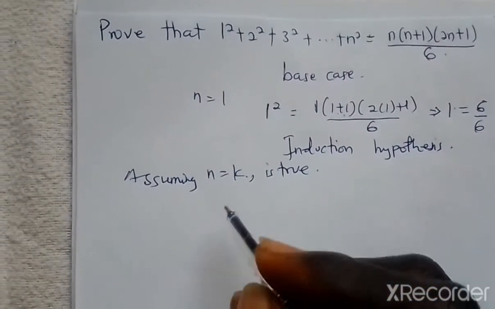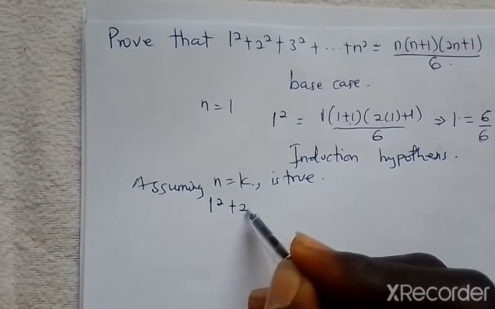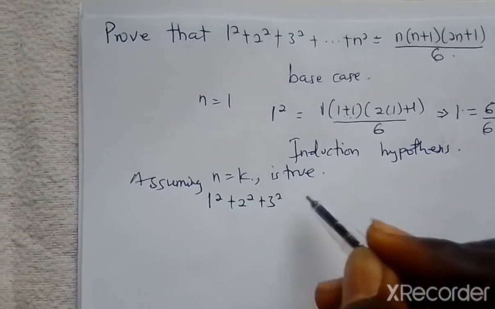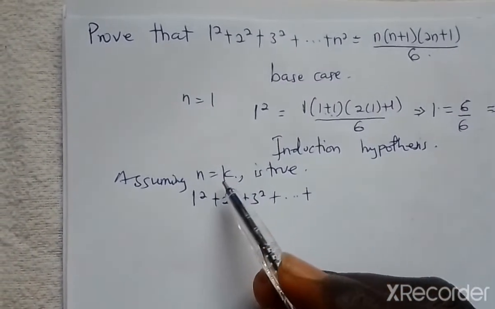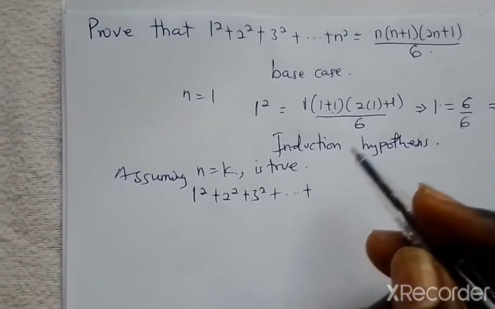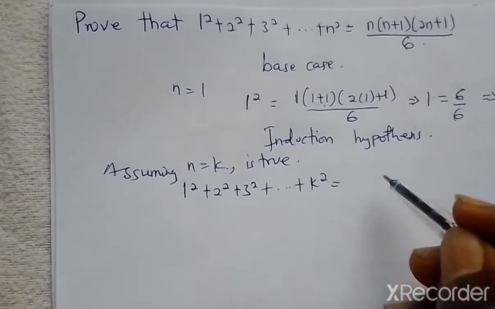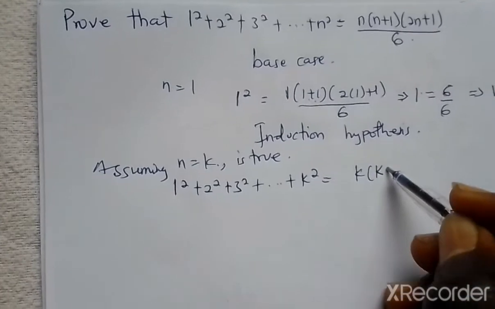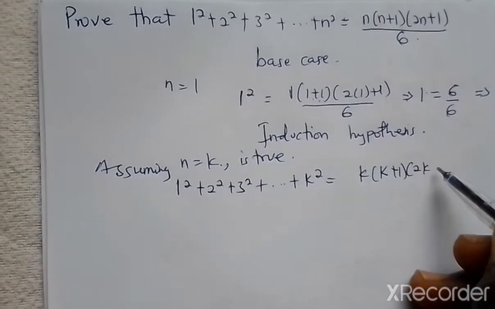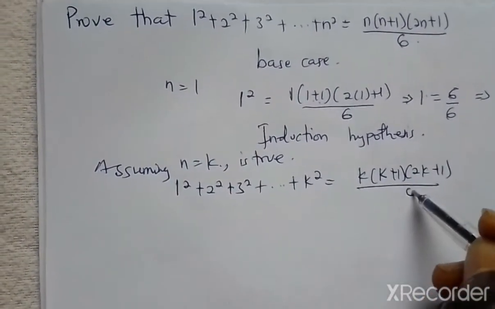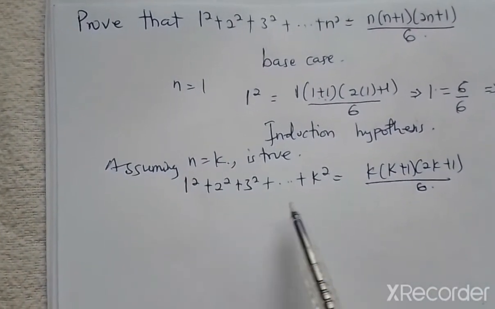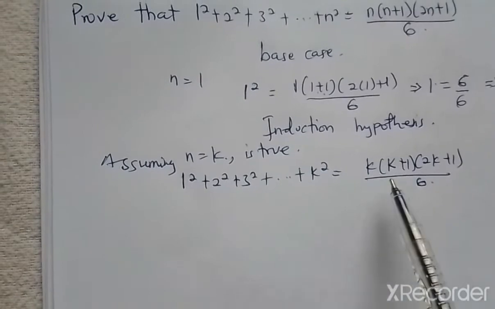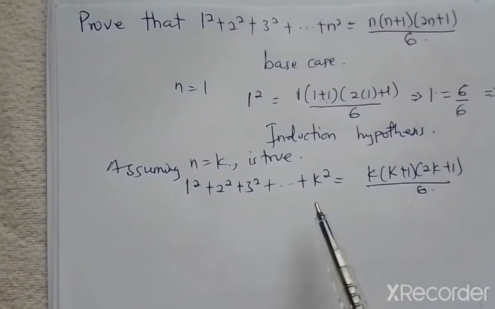What do we get? We get 1 squared plus 2 squared plus 3 squared plus ... plus k squared, since wherever you see n we put k, to be equal to k multiplying k plus 1, then 2k plus 1, all over 6. So this is our assumption, and from this we can go on with our proof.